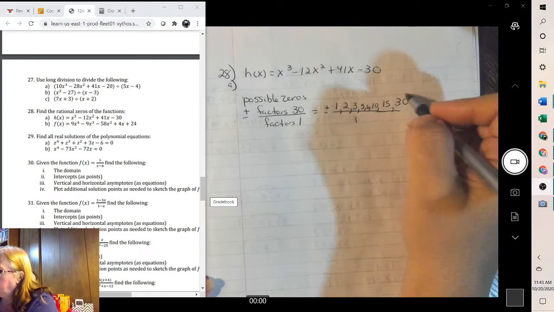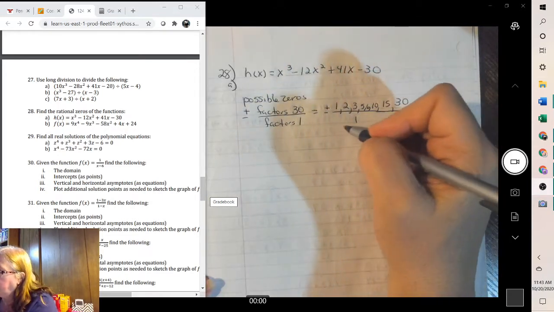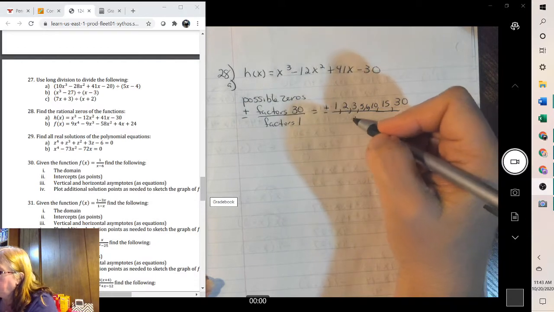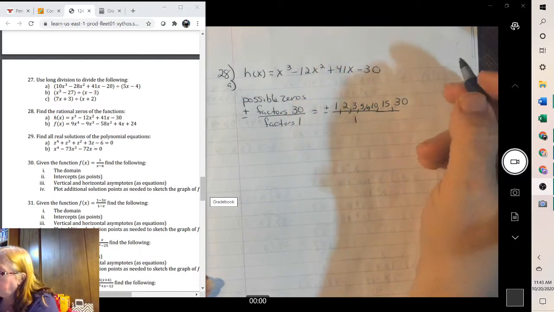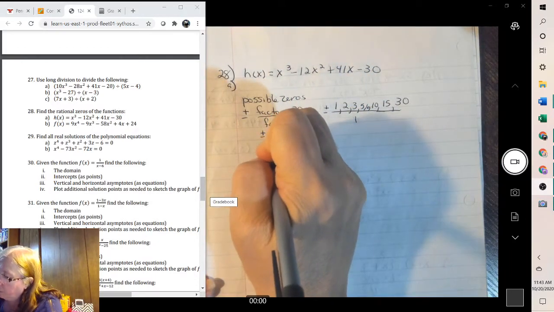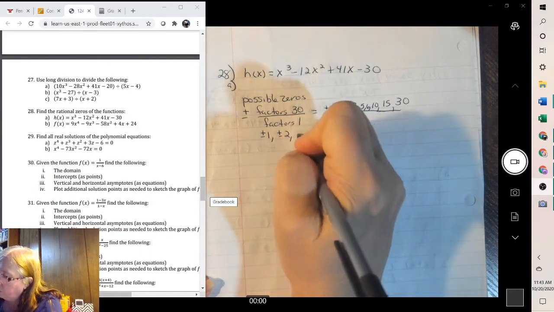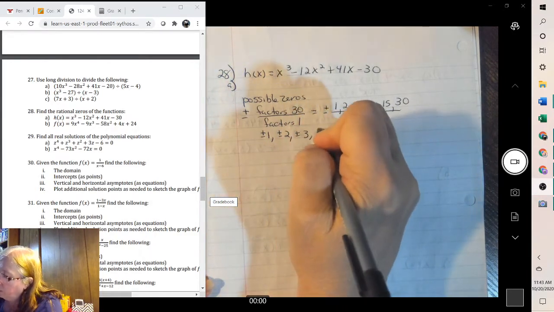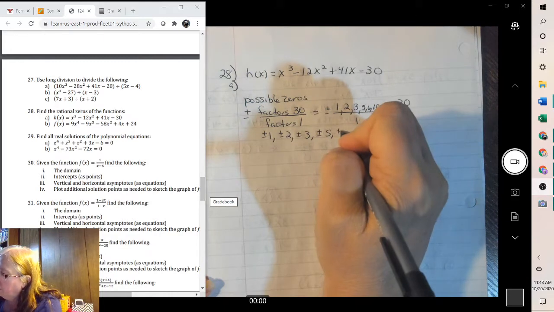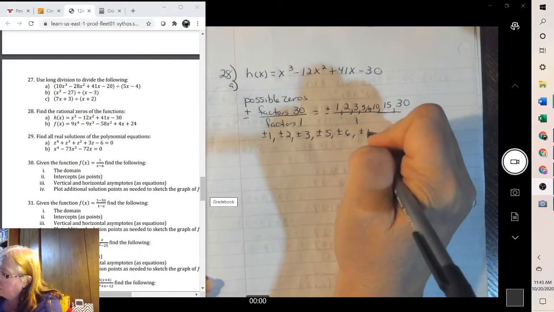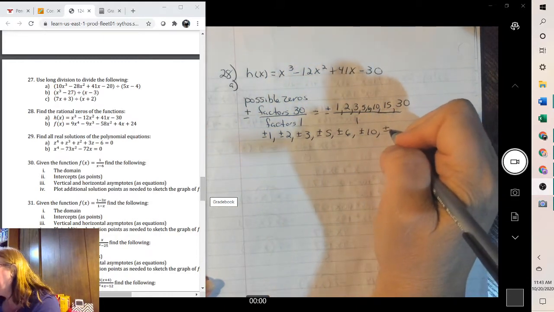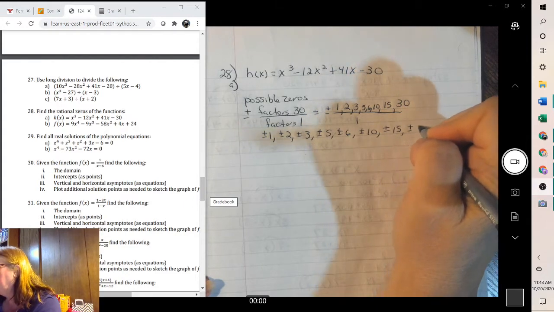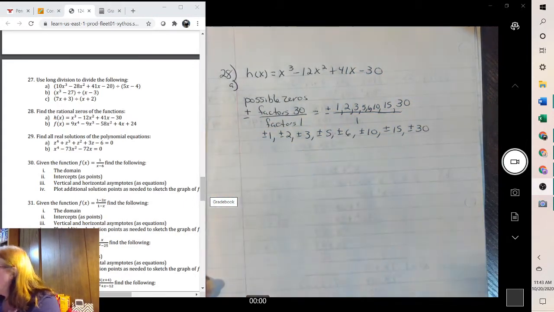So it's all the numbers that divide into 30 evenly and then 1 evenly. And then you divide 1 into all of these. So our possible zeros are plus or minus 1, plus or minus 2, plus or minus 3, plus or minus 5, 6, plus or minus 10, and last one, plus or minus 30. All of those are possible zeros.